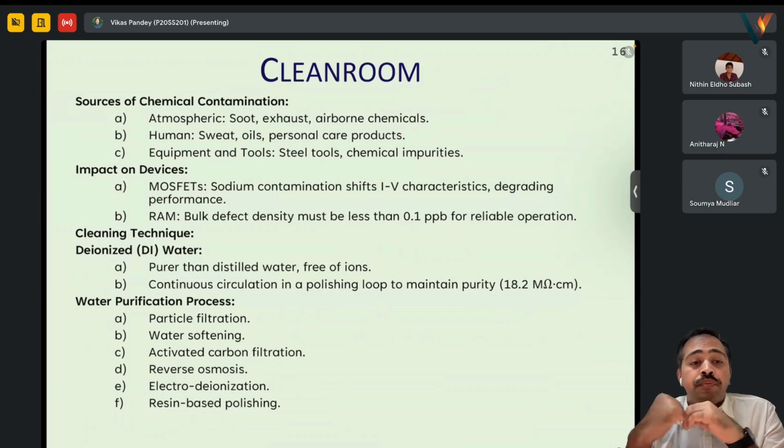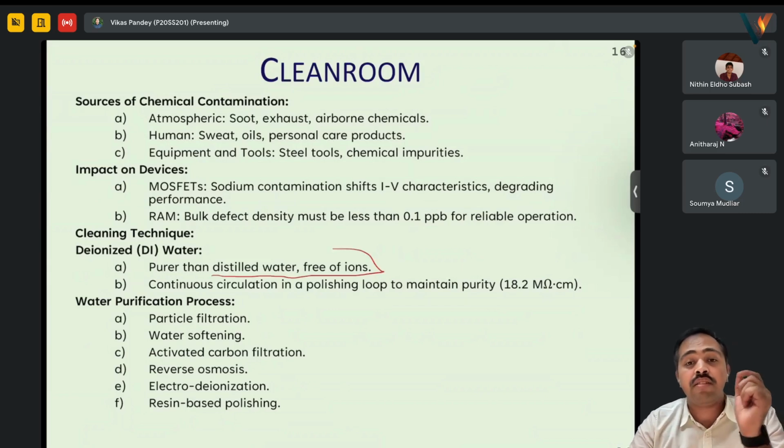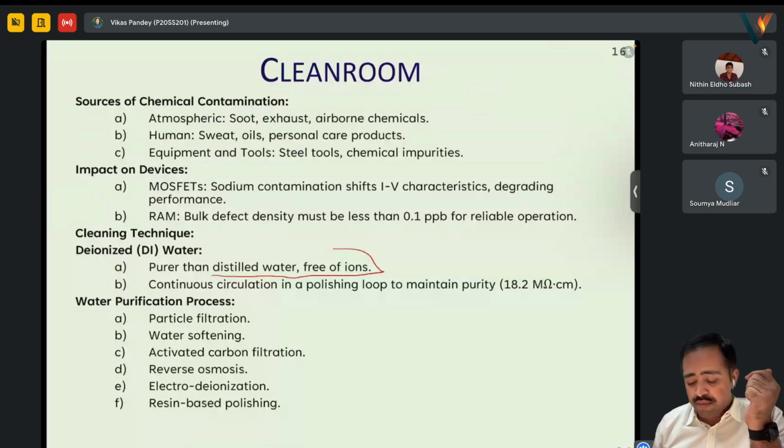Here the water itself has to be very clean. Very pure, even purer than distilled water, and even free of ions. And how do we make it? We test the conductivity.